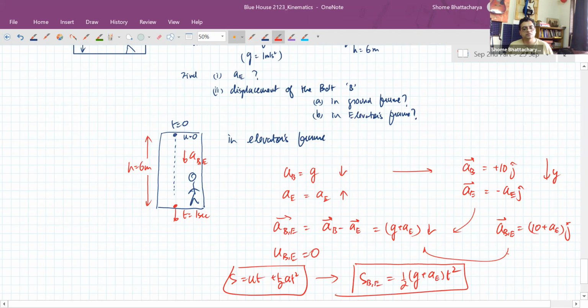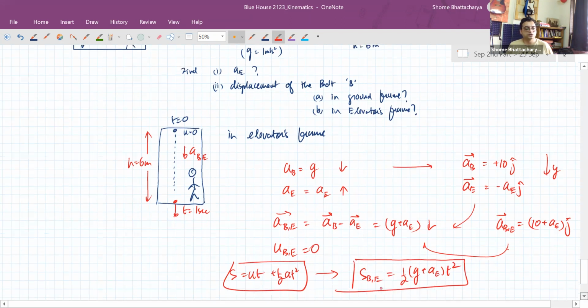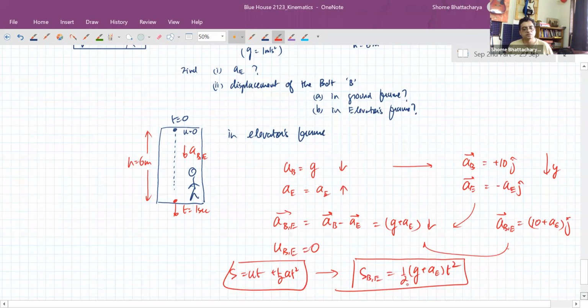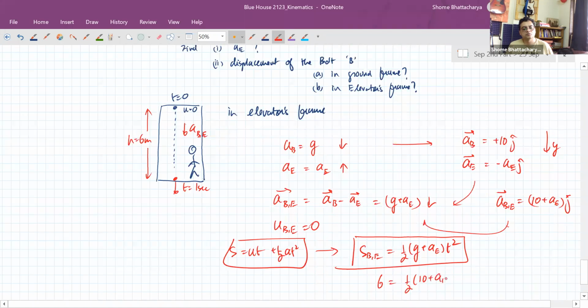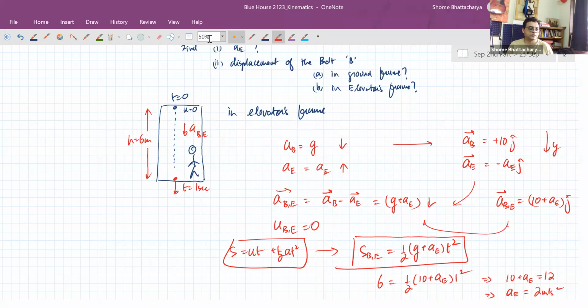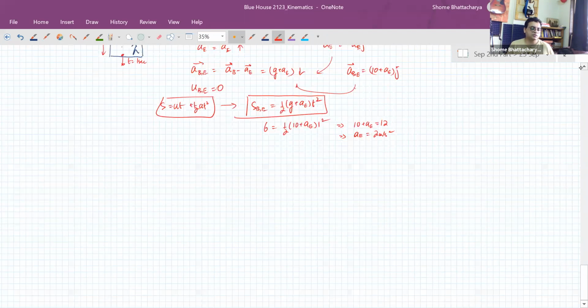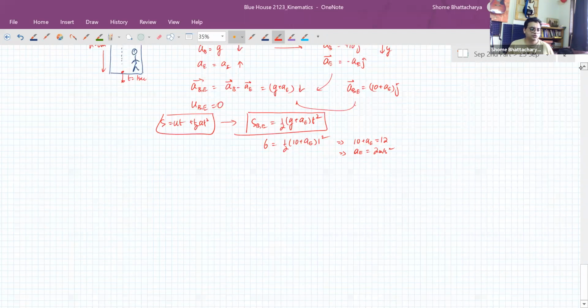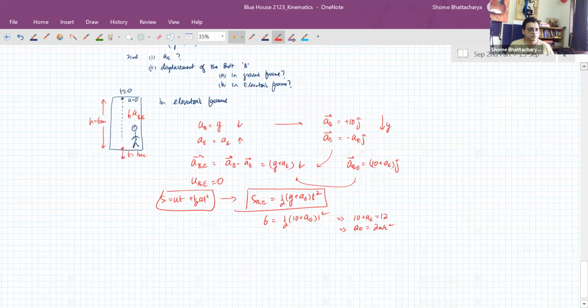So this should be equal to 6 meters at a time of 1 second. So from this we'll get, well, which means the acceleration of the elevator is 2 meters per second square. So this same thing that I've done, you can also do by using Newton's laws, but here we will, from this point onwards, use relative motion instead of using Newton's laws.